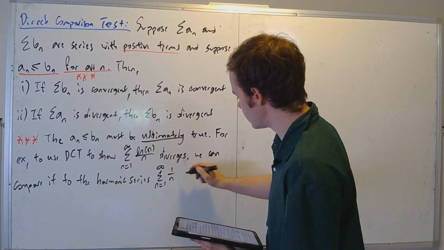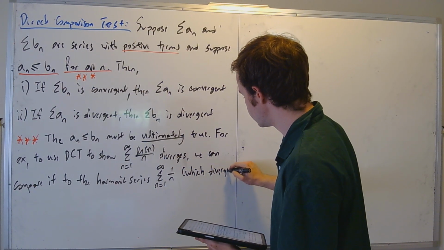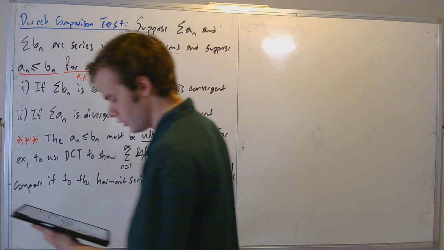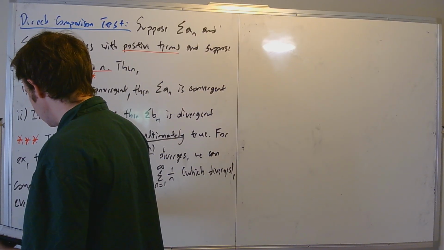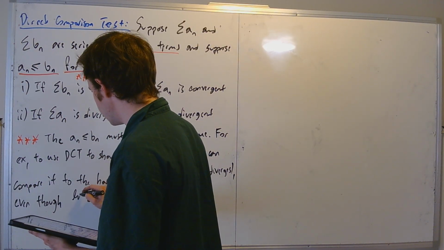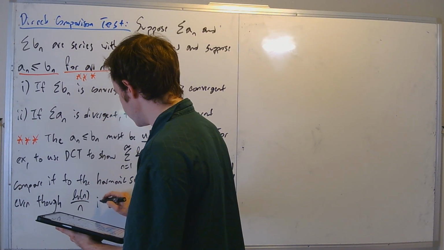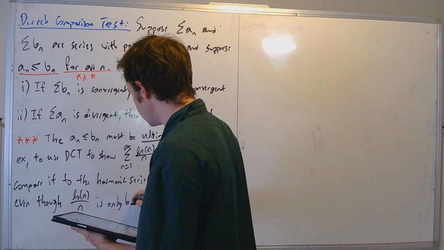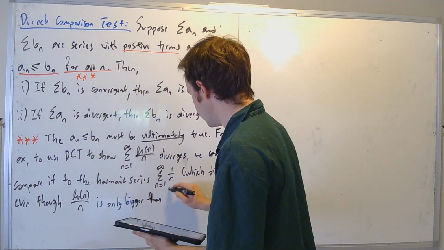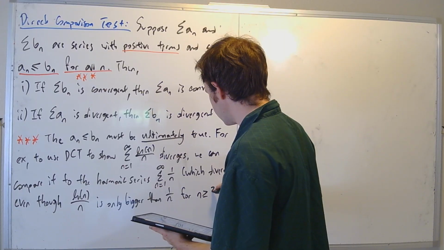And we said this thing diverges, even though natural log of n over n is only bigger than 1 over n for n greater than or equal to 3.